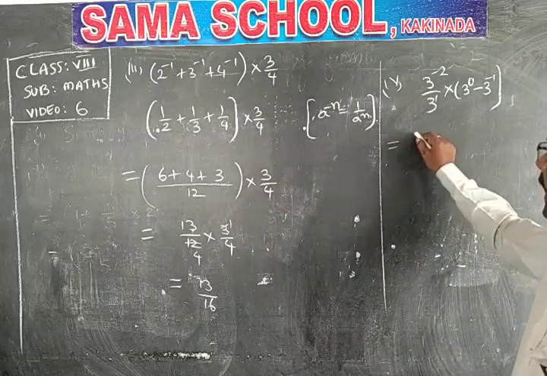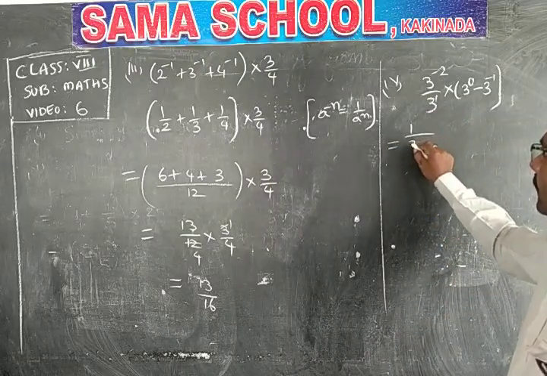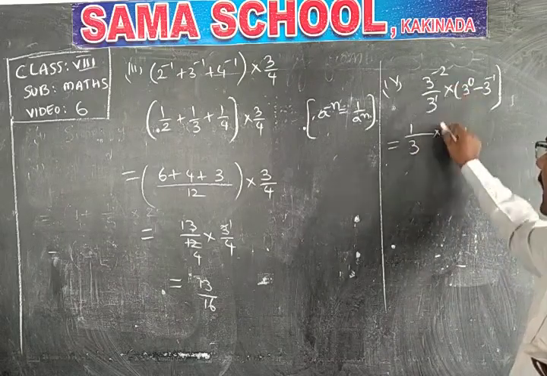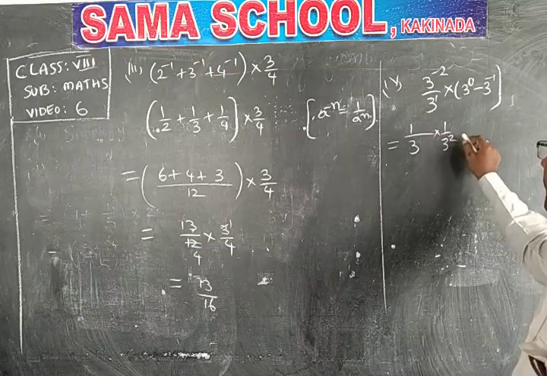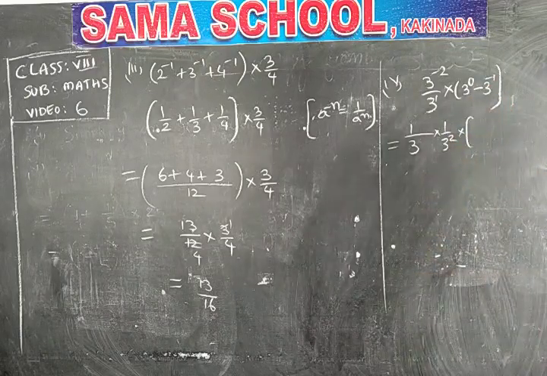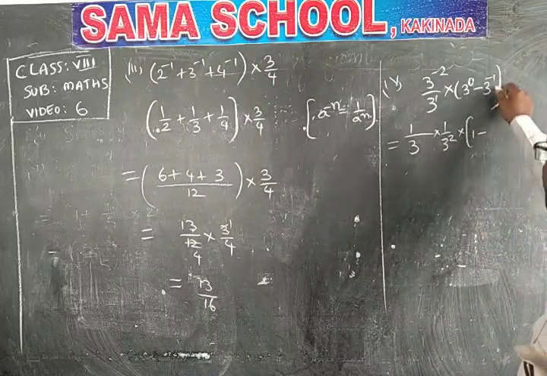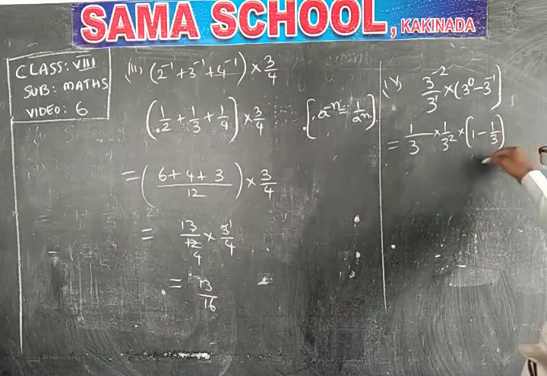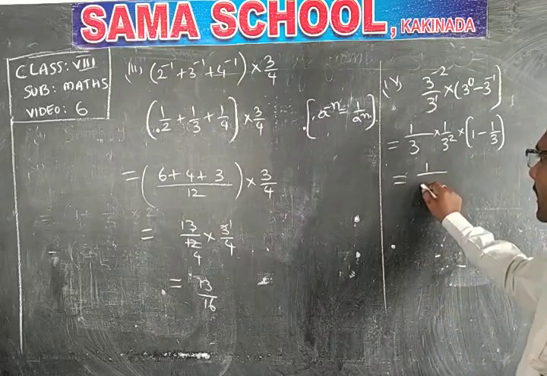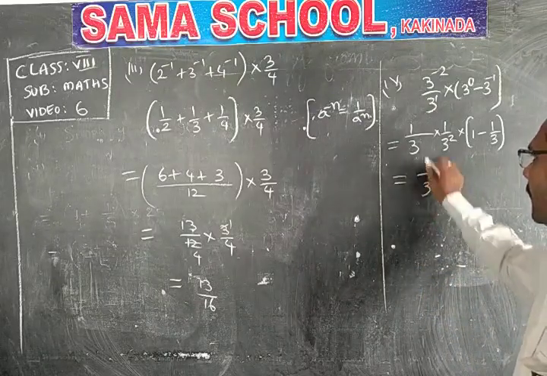So you can write 1 by 3 power 1 into 1 by 3 square into, 3 power 0 means anything power 0 is 1 only, minus 3 power minus 1 means again 1 by 3.